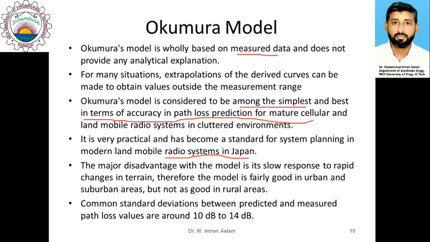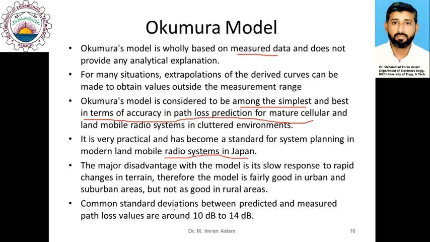Although there are certain advantages to this model, it has limitations for different types of terrain, because it has only considered some specific types of terrain. If there is a fast variation in terrain, this model generally does not give very good results.